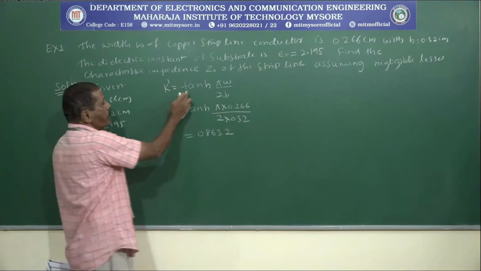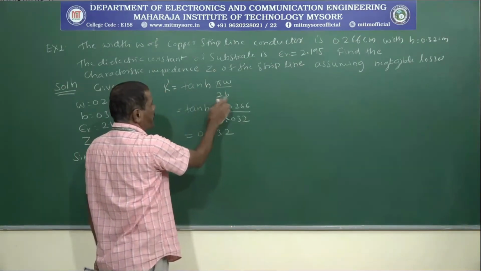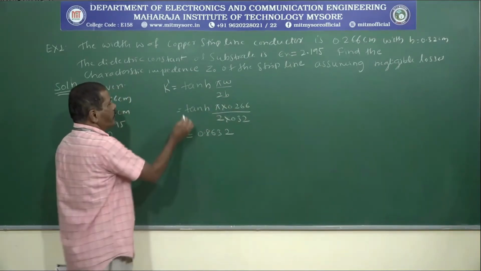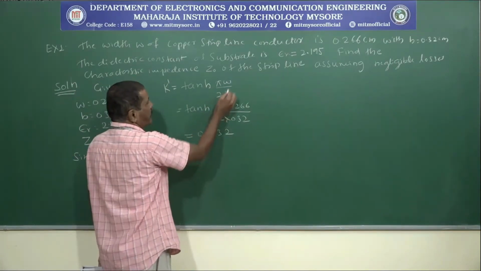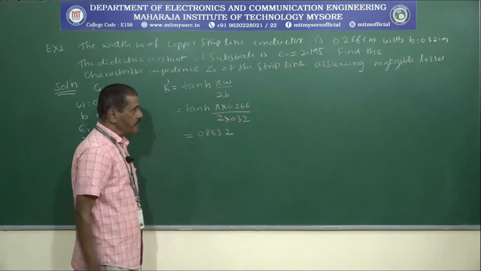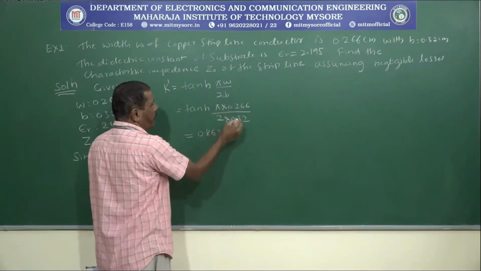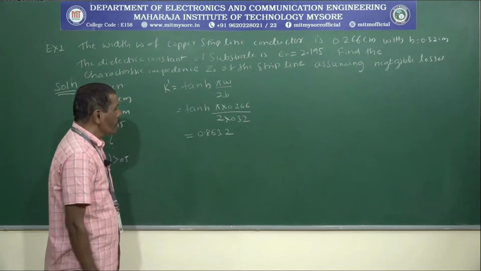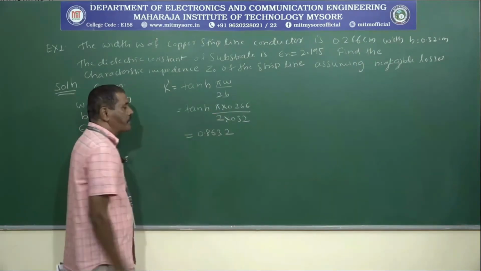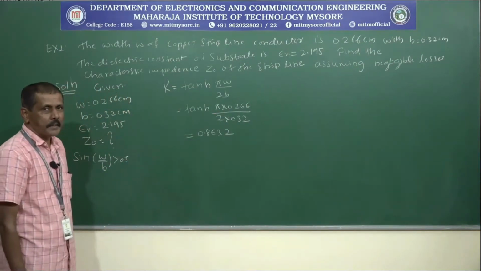K dash equal to tanh of pi W divided by 2B. Tanh of pi W, where W is 0.266, and 2B is 0.32. If you simplify this, we get the value 0.8632.